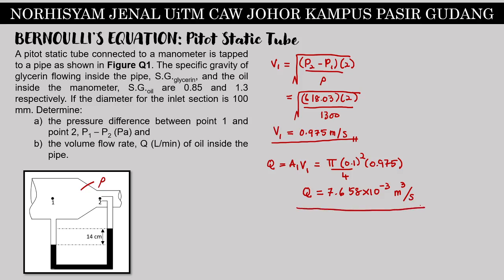So are we done yet? Not yet, because we need it in liter per minute. So Q equals to 7.658 times 10 to the power of negative 3 meter cube per second multiplied by 1000 liter divided by 1 meter cube.